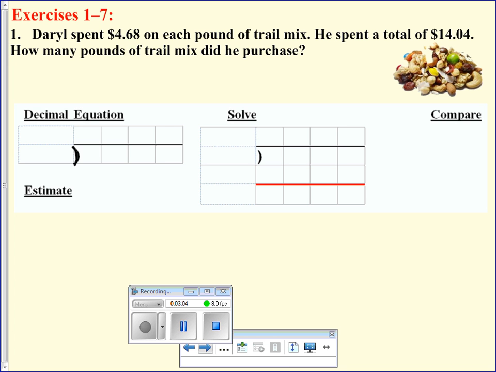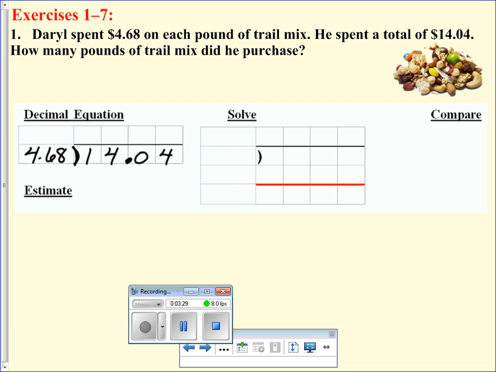So outside of your graph, you're going to write $4.68. And then under the line, $14.04. So to find out how many pounds of trail mix he purchased, $14.04 divided by $4.68.